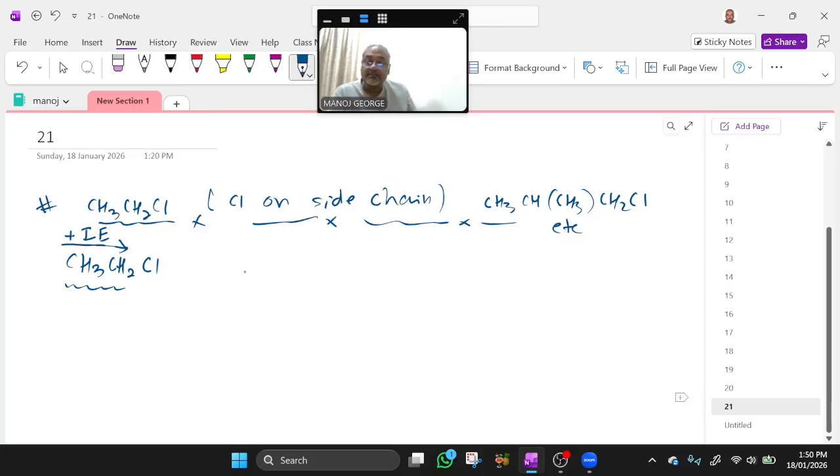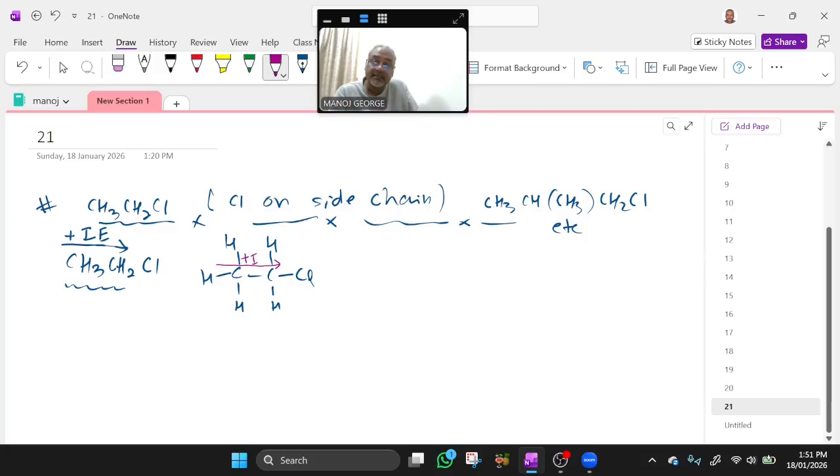Now let's try to understand, see the situation once again here. I will explain very quickly and then I'll write down the main comment which you will actually memorize. This is the situation here. What is happening is this R group is pushing the electrons this way.